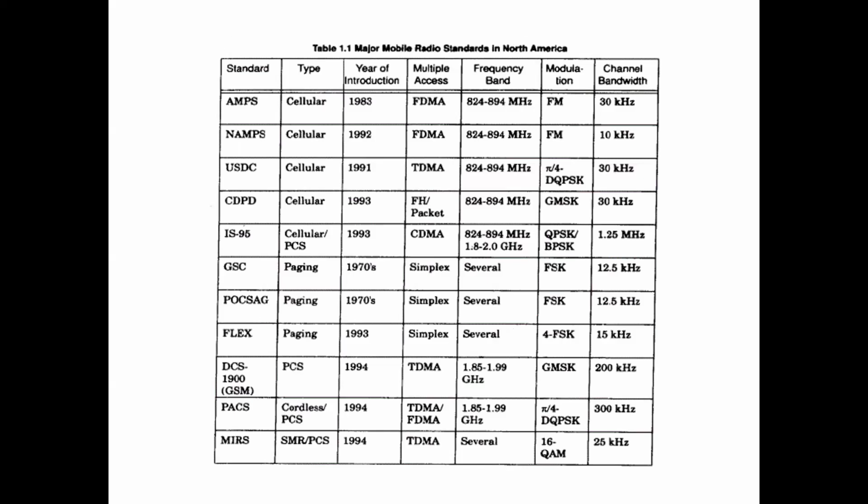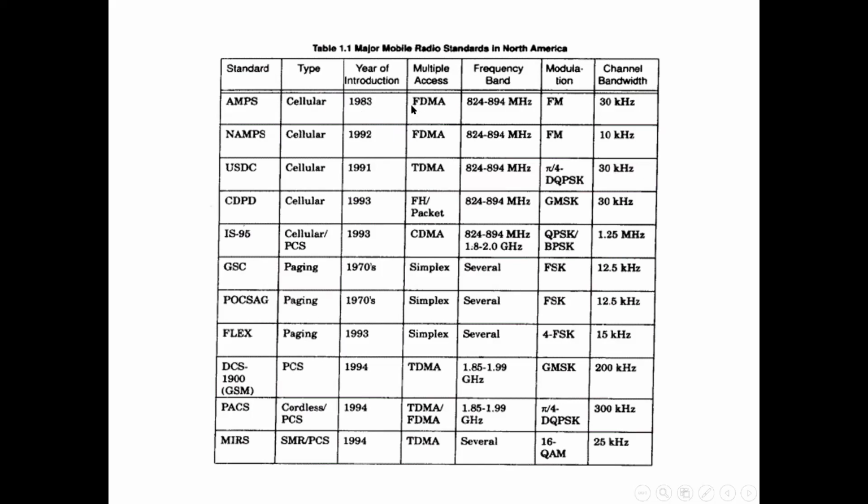This is the Advanced Mobile Phone System, which is used in the USA. Type of service: cellular. Year of introduction: 1983. In 1983, in developing countries like the Middle East countries, we hadn't heard about wireless communication, and from 1983 they were already using cellular systems.